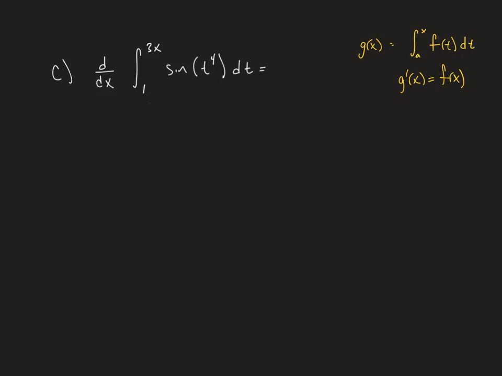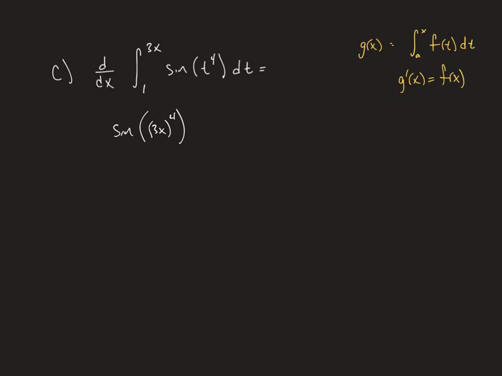So this is a very simple application here of the fundamental theorem of calculus part 1. We're just going to be able to say that because we are taking the derivative, as we did here with g of x, of a function, if we consider this to be your g of x, then this is going to be equal to sine of 3x to the fourth.